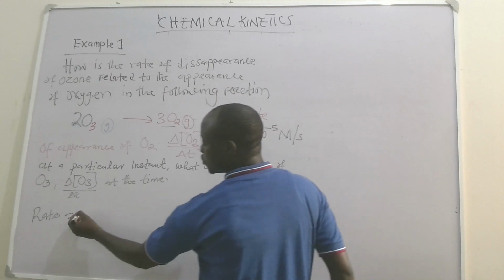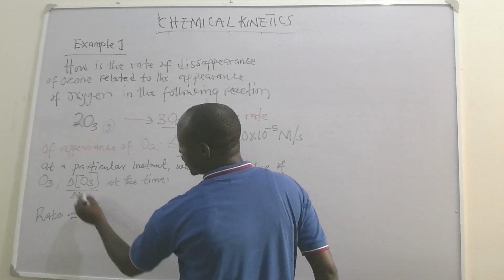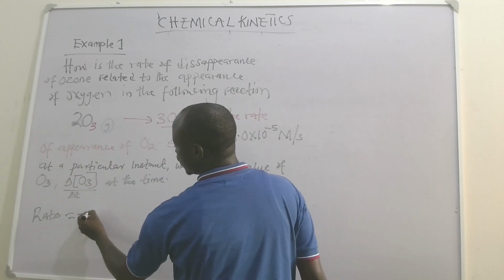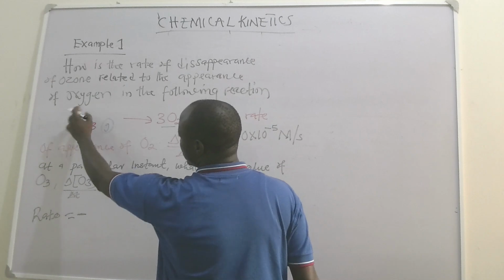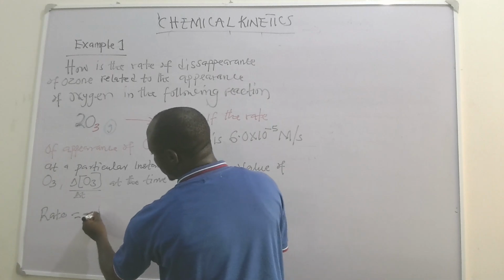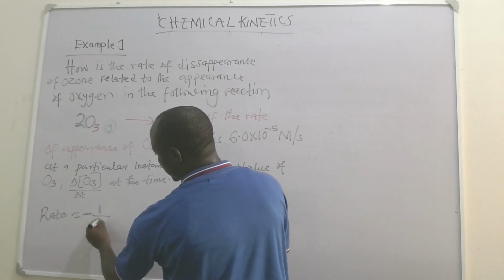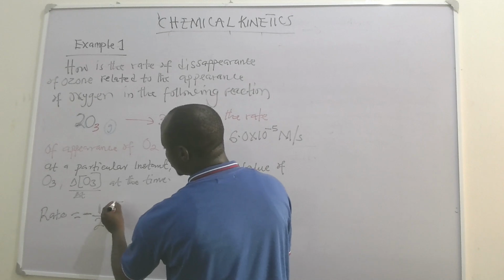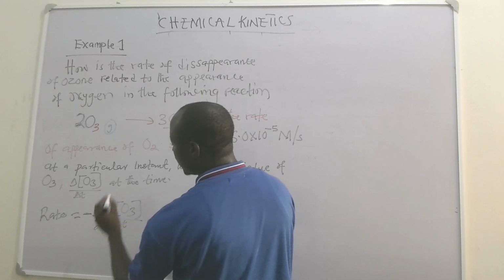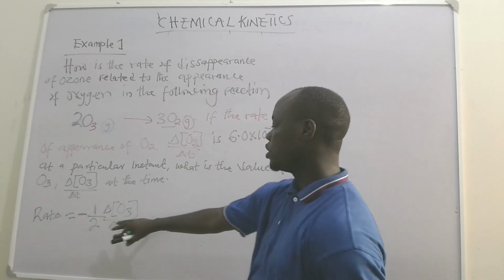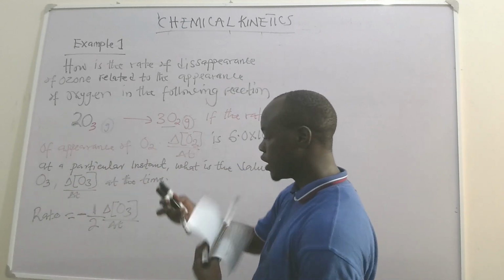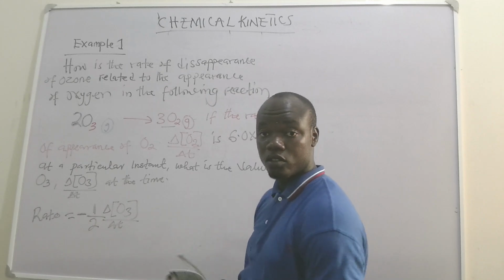Since here we have 2 molecules of ozone, we set minus 1 over 2 times the change in ozone concentration with time. So it's going to be negative. This is the disappearance of the ozone, and then we look at it from the point of view of the appearance of oxygen.